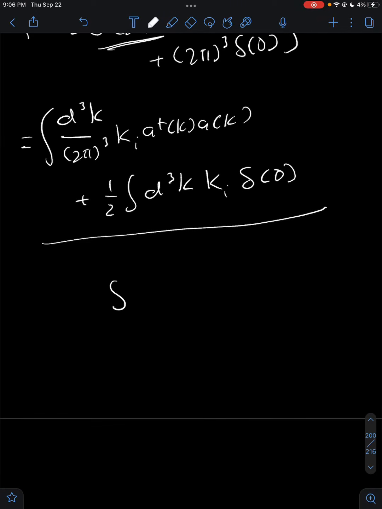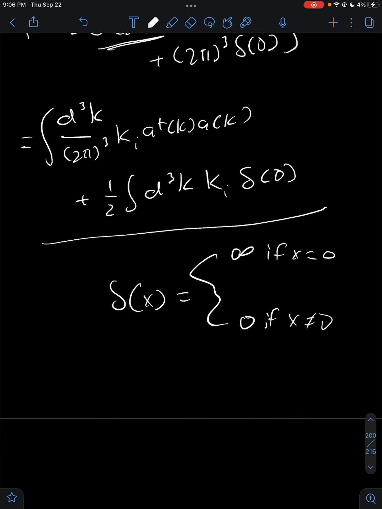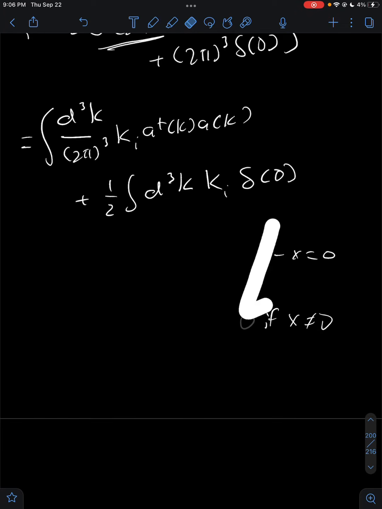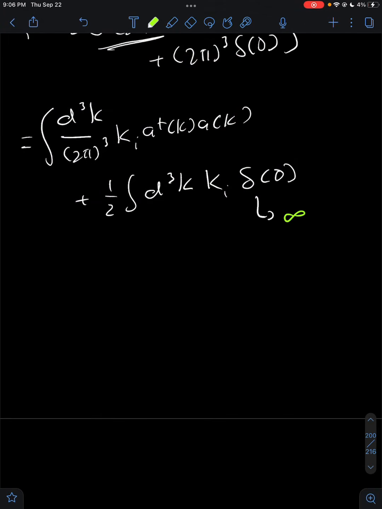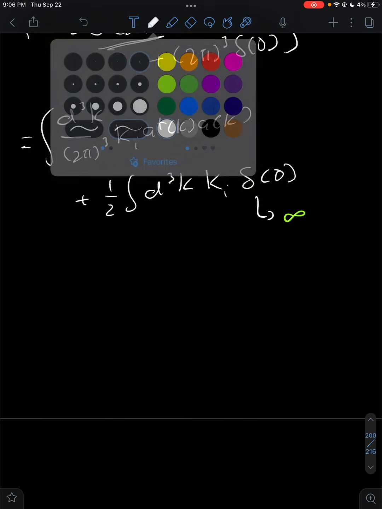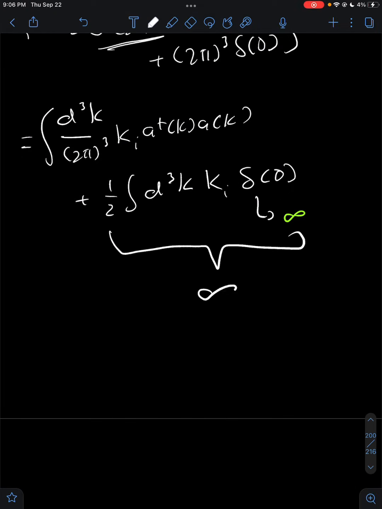So we know that delta of x is infinite if x equals 0, and 0 if x is not equal to 0. So this means that this delta of 0 that we see over here is going to equal infinity, meaning that this entire term over here is going to equal infinity.